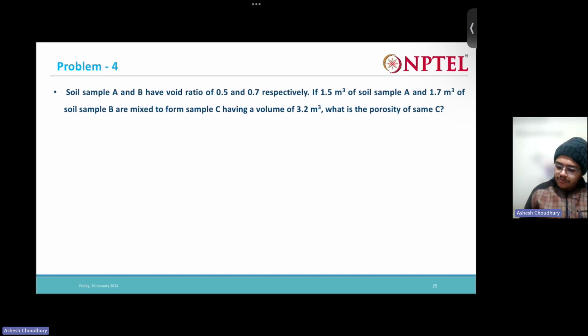So soil samples A and B, the void ratios are given, and 1.5 meter cube of soil sample A and 1.7 meter cube of soil sample B are mixed to form a sample C. Obviously the volumes are going to get combined, so 3.2 meter cube for C. We need to find the porosity of sample C. So how do we proceed?